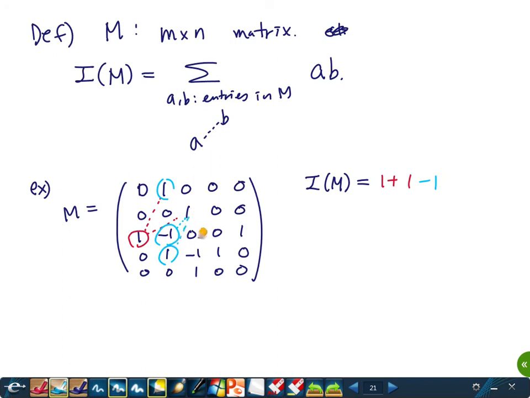This thing and this thing. So +1, +1. For this, there's nothing above. For this, we have this one, so -1. For this, we have 1 and 1, +1, +1. For this, we have 1. Is this right? So in the sum, we can cancel these 2. We have 1, 2, 3, 4, 5. So the inversion number of this matrix is 5.